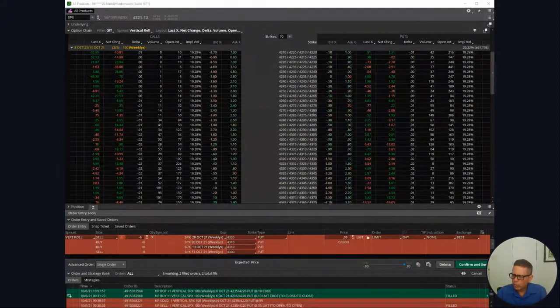So do you use delta to determine the strike for the roll? That's a good question, but I don't typically use delta to do that because when we're rolling a position, the market has already moved down significantly from where we originally put it on.